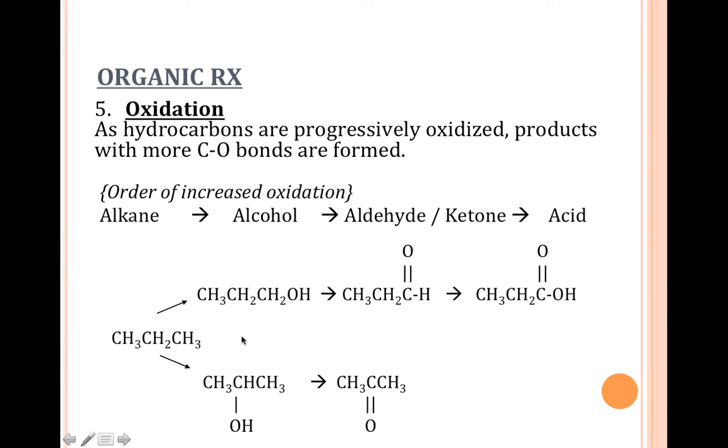And you can see, we've put an OH, and if the OH ends up on the end, if we keep oxidizing it, we can make an aldehyde. Keep oxidizing it, we can make a carboxylic acid. On the other hand, if we end up oxidizing, we make an alcohol here in the middle. If we further oxidize it, the OH becomes an O, and now we've made a ketone. Again, for interest, you might see a question on a worksheet, you will not be tested on it.